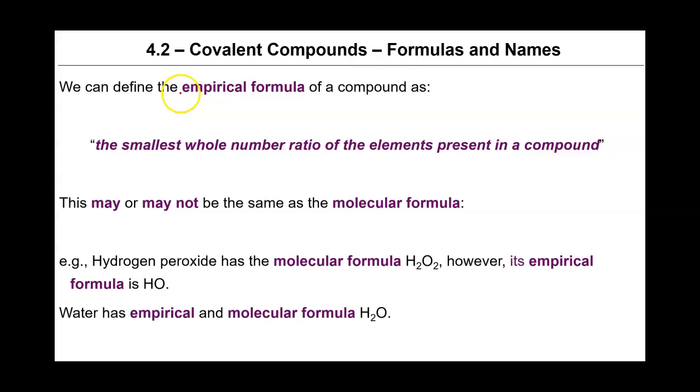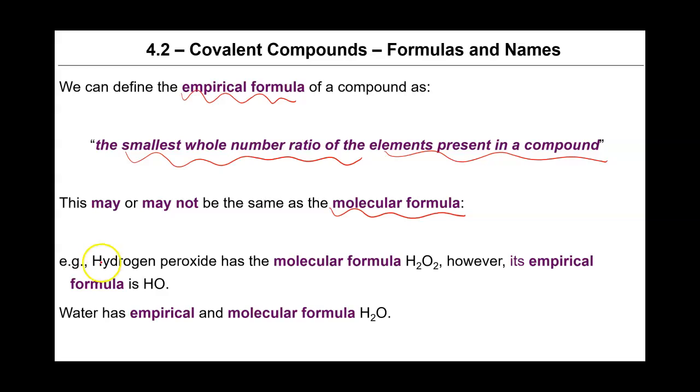Okay, so a little term to be mindful of is the term empirical formula. The empirical formula of a compound is the smallest whole number ratio of the elements present in a compound. This might not be the same as the molecular formula, so you do have to be careful as to whether what you're being asked for is the empirical formula or the molecular formula.